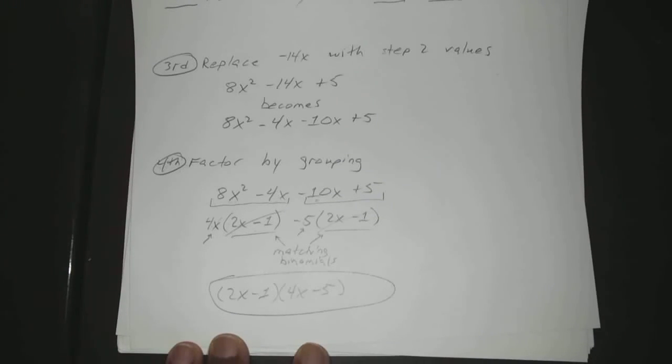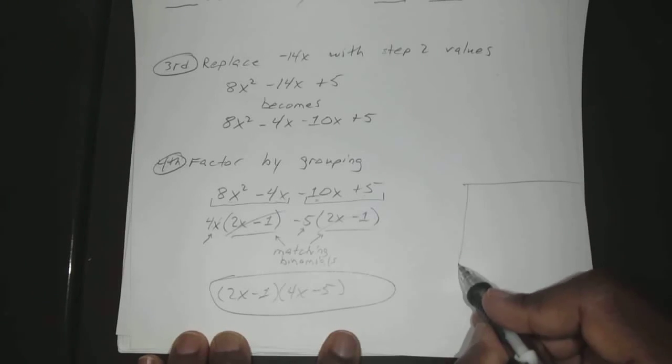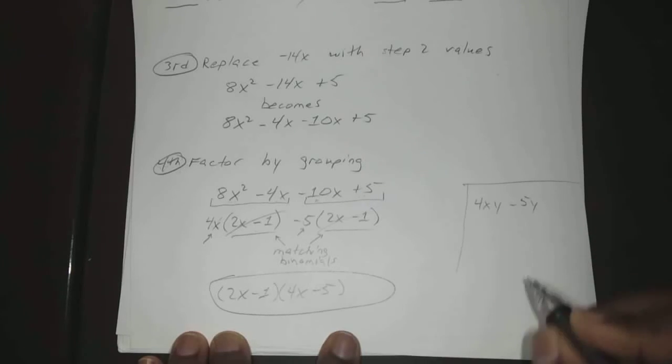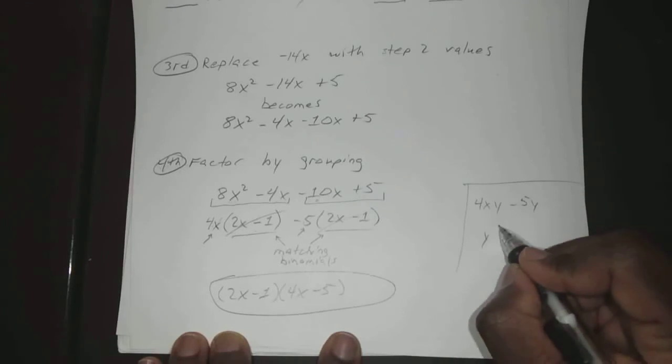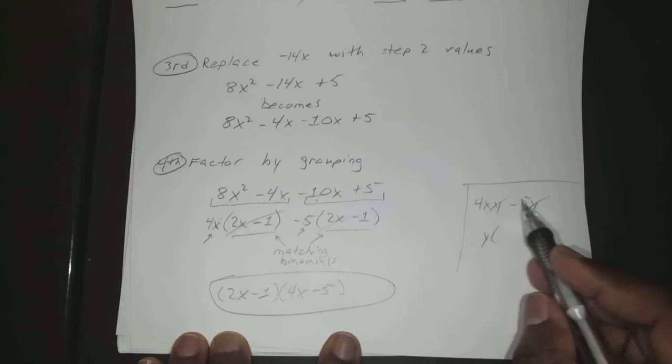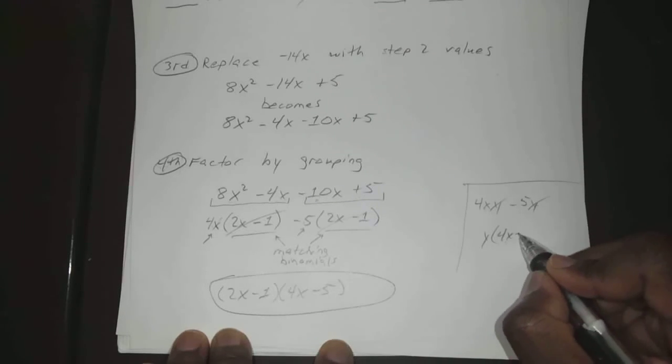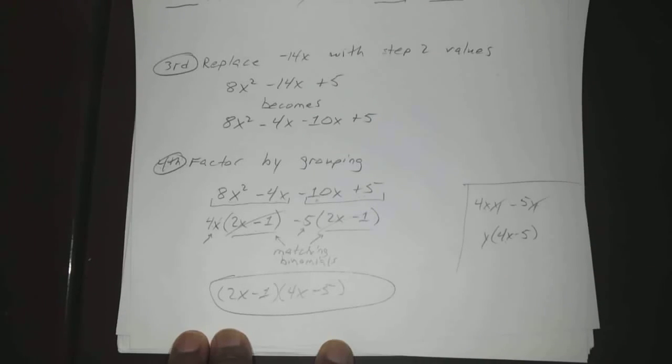It's kind of like if you had 4xy minus 5y, and you factor the y out of both of those, whatever's left would go into the other one. So in this case, you just happen to factor out another polynomial. So that would just be 4x minus 5. Does that make sense? Okay.